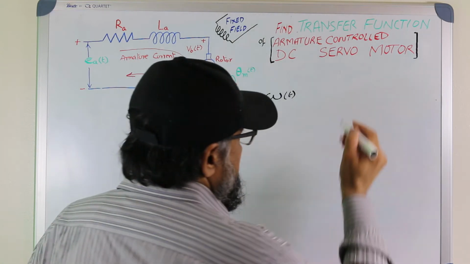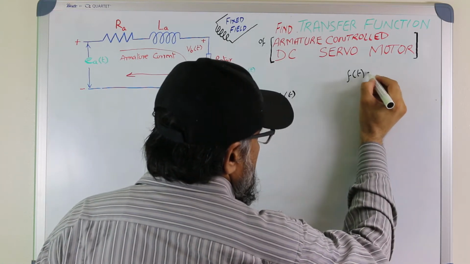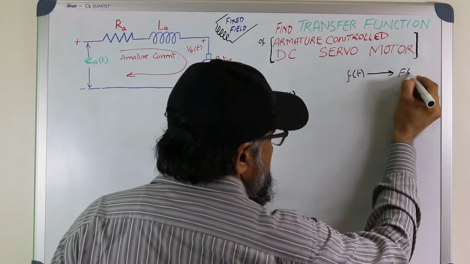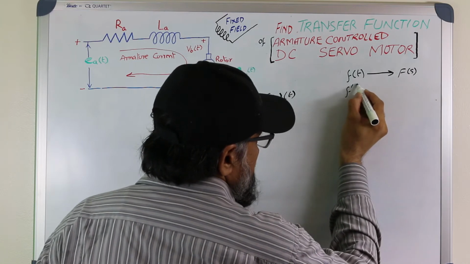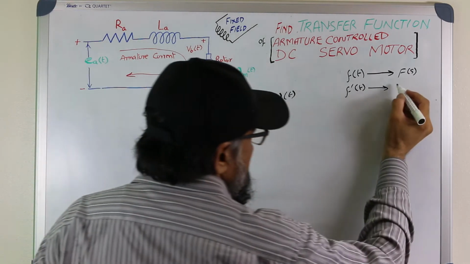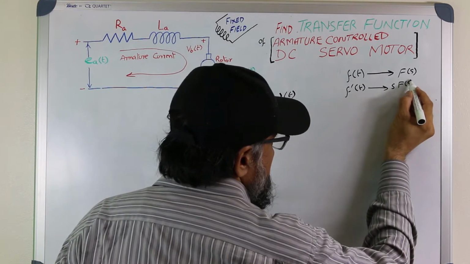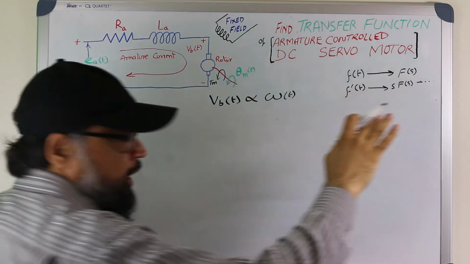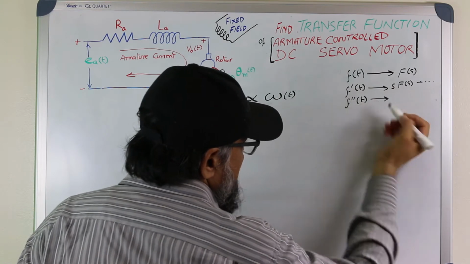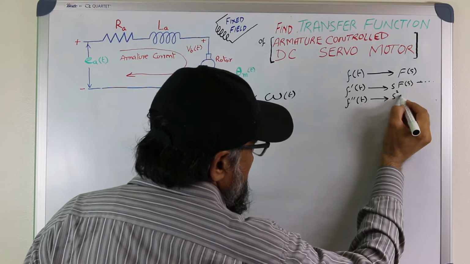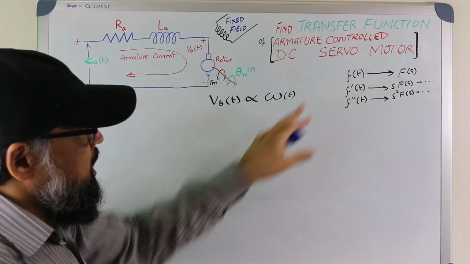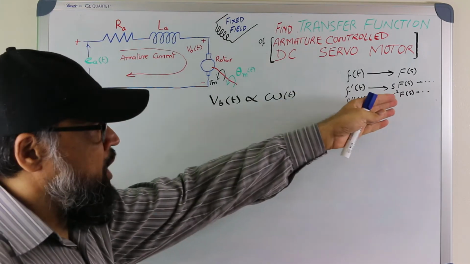The first formula is that if f(t) is a function of time and you convert it to S domain, it is simply the function F(s). If it is the first derivative of any function of time and you convert it to S domain, then there will be s times F(s), plus some initial condition which we will ignore. If it is a second derivative, we get s squared F(s) plus two initial conditions which we are ignoring again. So these are the three very simple formulas which we will be using here.